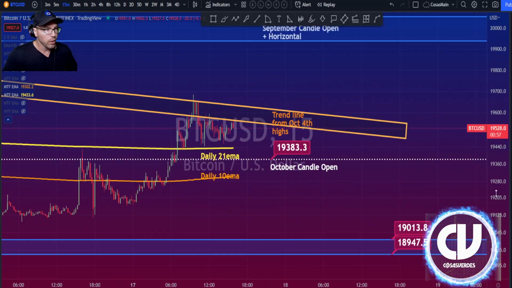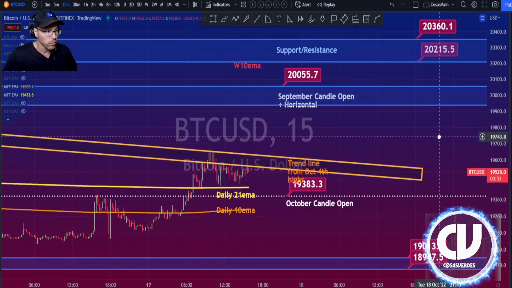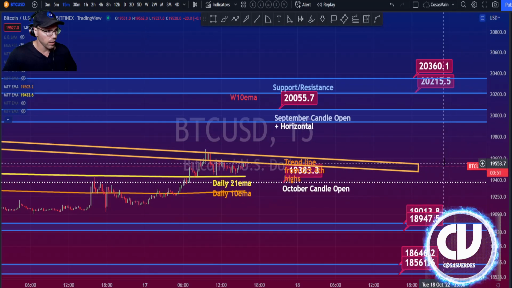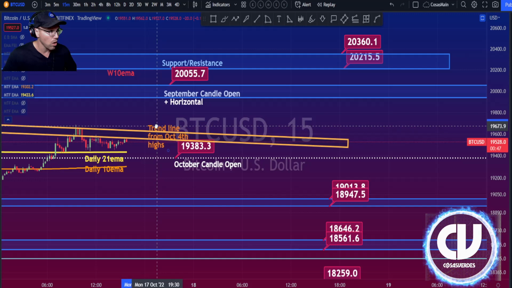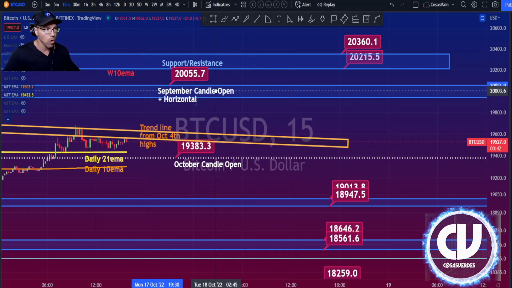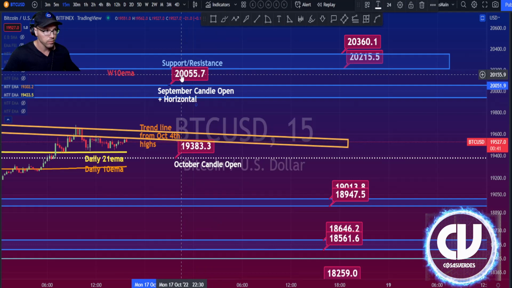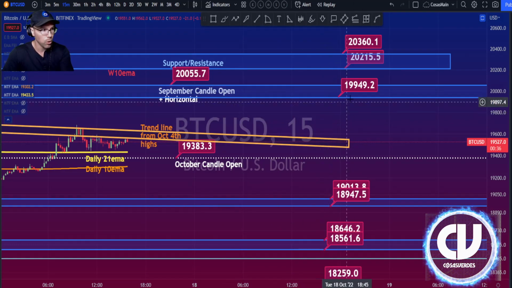So right now, the only things in play, and honestly, if you want to throw this on your chart, you might want to. And on air, how about I do this? Right here, I have listed literally everything that is in play. The September candle open and horizontal around 20,000. It actually kind of goes like this. Boom.